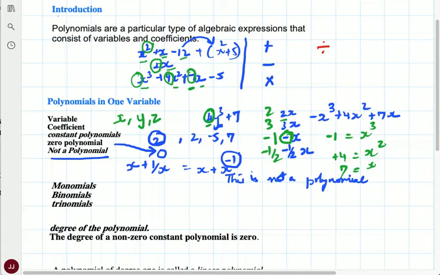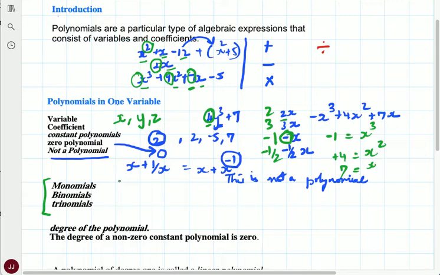Let's talk about the types of polynomials. We're talking about three types: monomials, binomials, and trinomials. Let's see the examples of monomials.